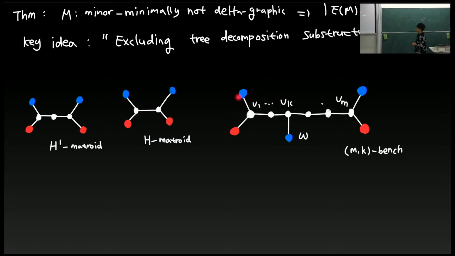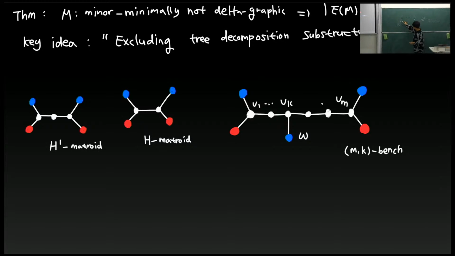There is one more characterization that I didn't mention in this talk, a kind of tree that looks like K4, and this is the planar matroid, and two of them are vertices colored red, and two of them colored blue.